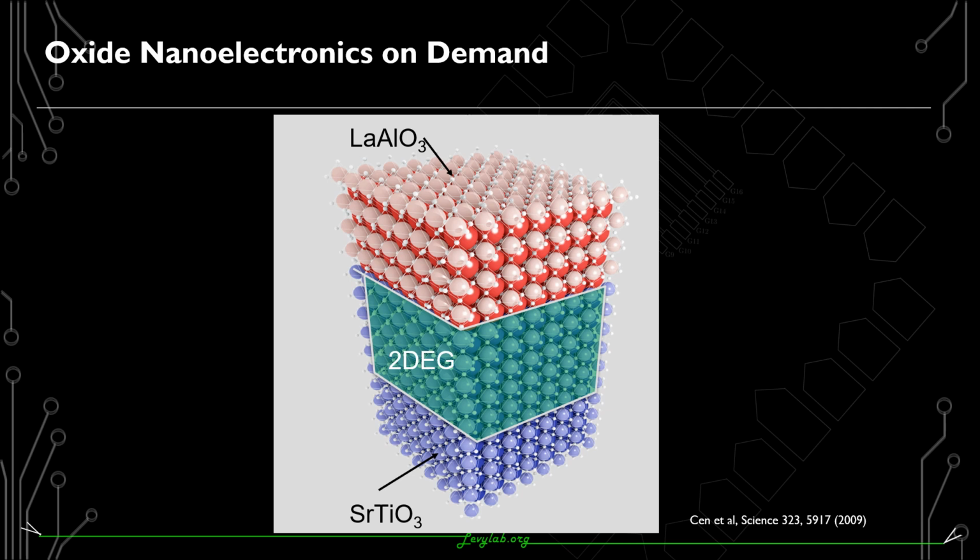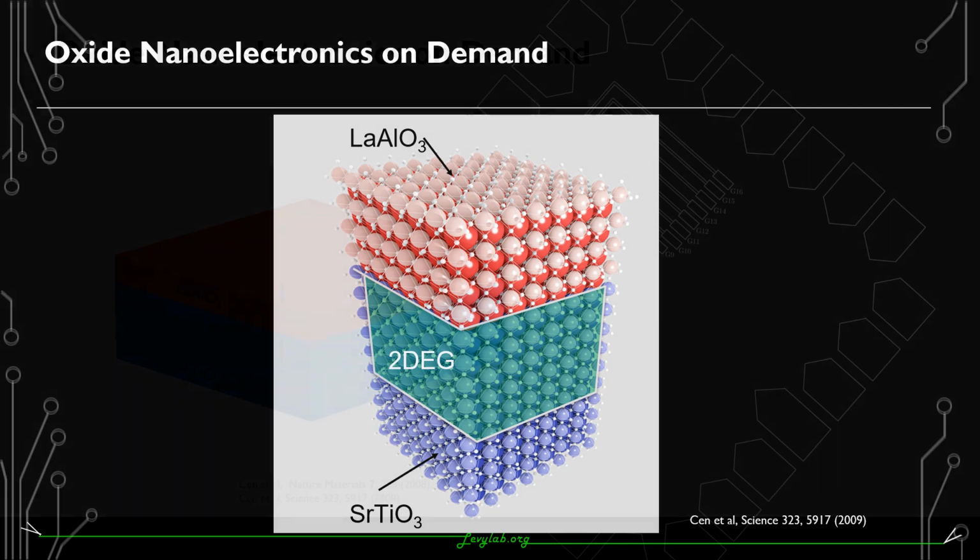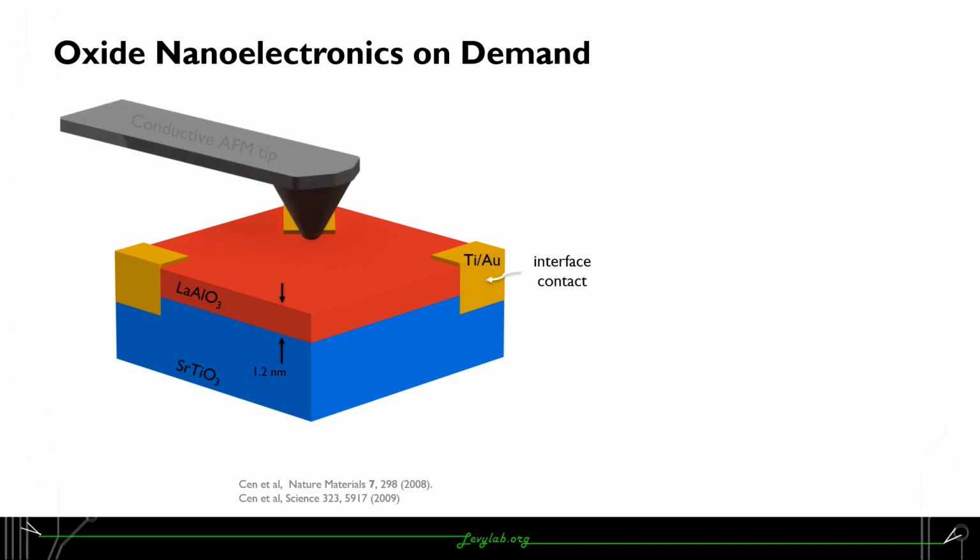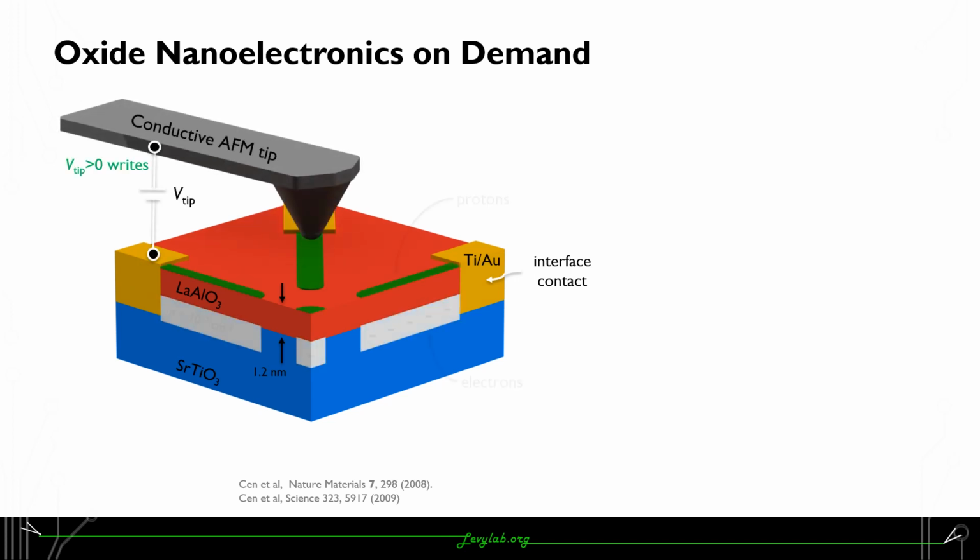However, when we grow LAO at 3 unit cells, we can use a property called the metal insulator transition to create nanoelectronics on demand. We can do this because LAO is typically insulating at the thickness of 3 unit cells.